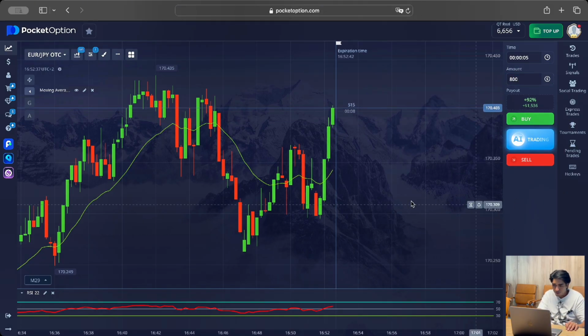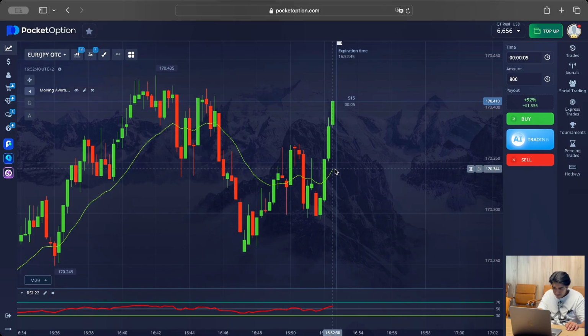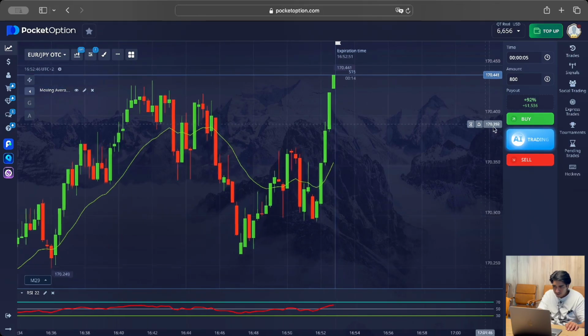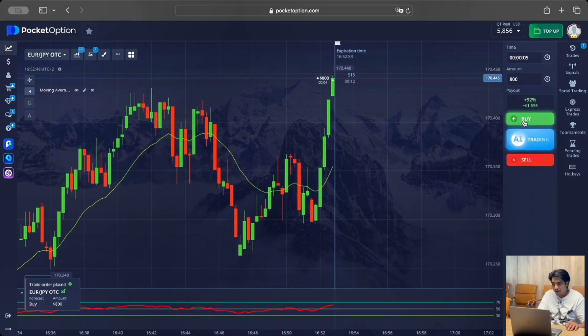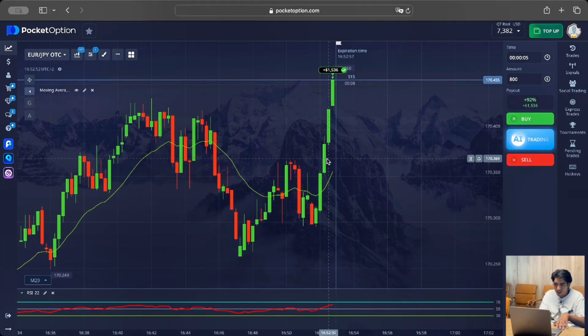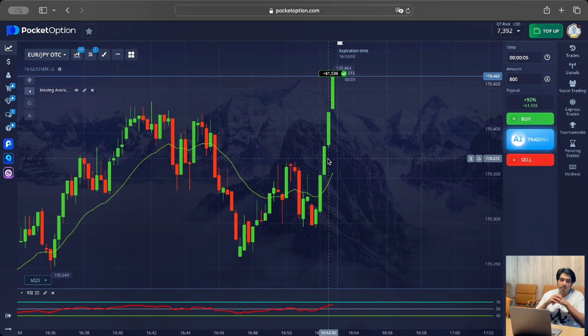So 52 was taking a dip here, so we will take an upward trend in this, as the dip was here and the line was crossing. So we have a profit of around 7,392.